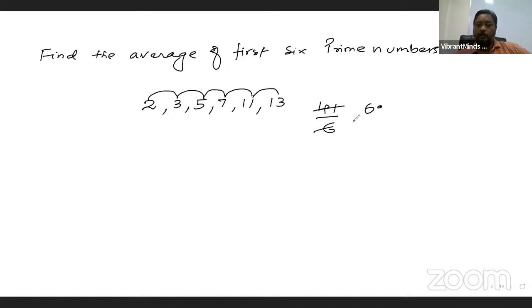We will put 50. 6 8s are 48 and then 20 and 3. 6.83. Is it clear? Okay.